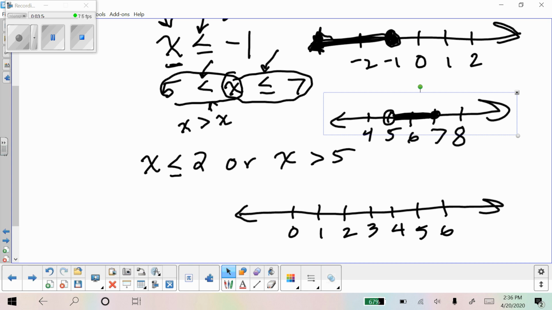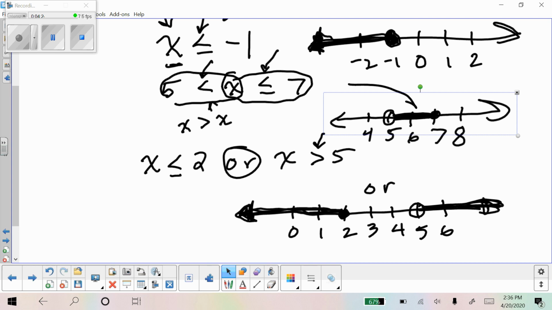So less than or equal to 2, we have to include that, so we're going to put a solid circle. And then the arrow is going to be going to the left, just like the arrow in the problem, smaller than 2. And then at 5, we're going to put an open circle because there is no equal sign with that one. And greater than 5, the arrow's going to the right. Okay. When you see a graph like this, it always goes with the word or. When you see a graph like this, it always goes with the word and.